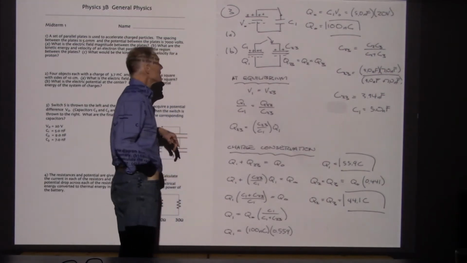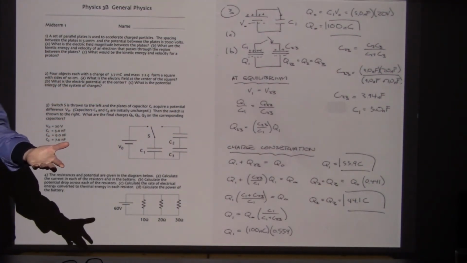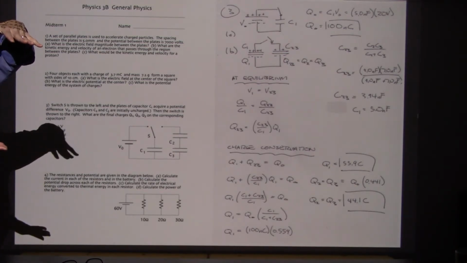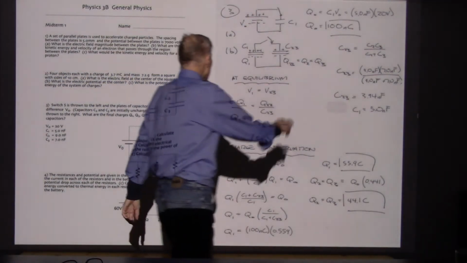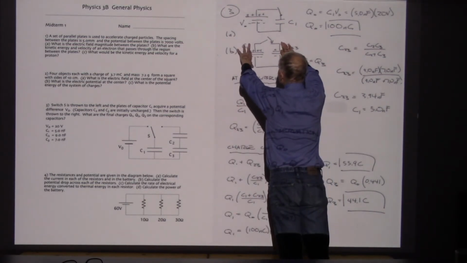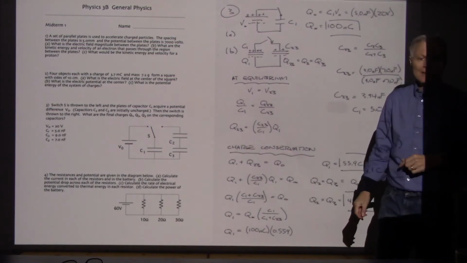Initially there's a voltage driving charge from capacitor 1 to capacitor 2, but then capacitor 2 begins to acquire a voltage also. When this side charges, the voltage here goes up. When the two voltages match, the transfer process stops.